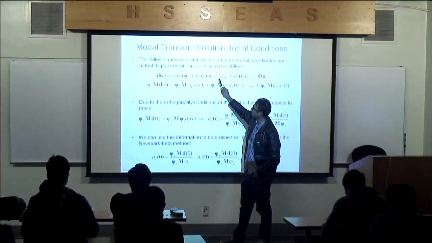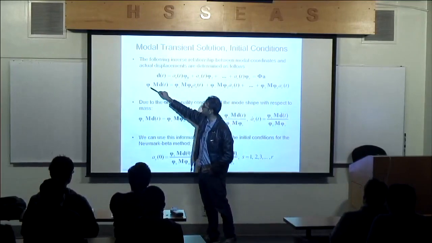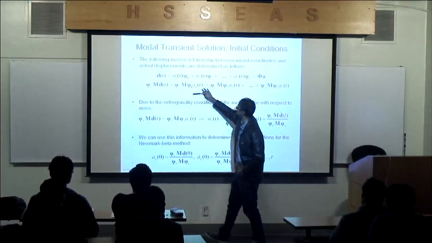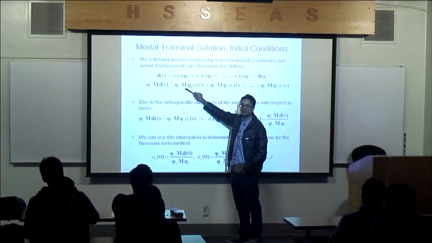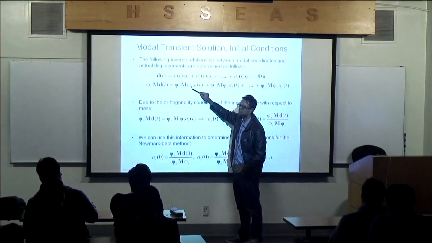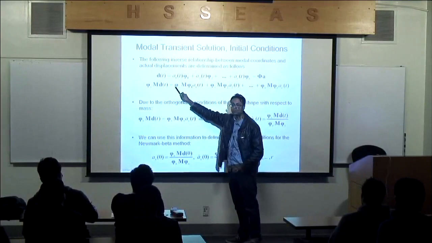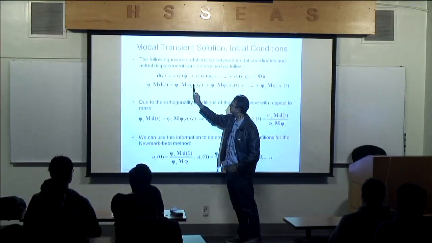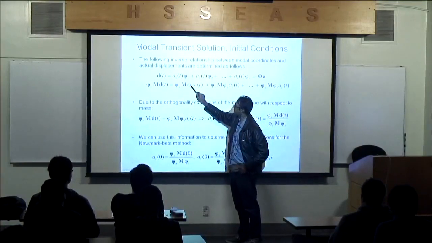What I can do is pre-multiply this equation by phi, mode shape s, transposed, times the matrix bold M. And if I do that, do you agree that we already said that if this index and this index are different, meaning two different mode shapes, when you put them through this calculation, it should give you 0?